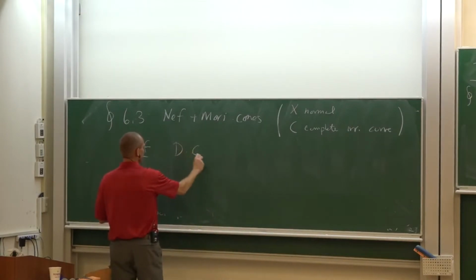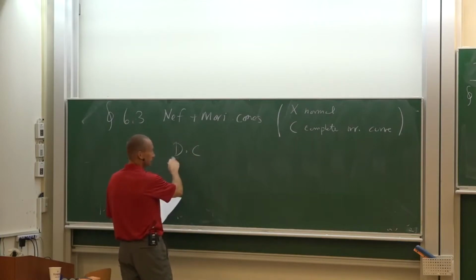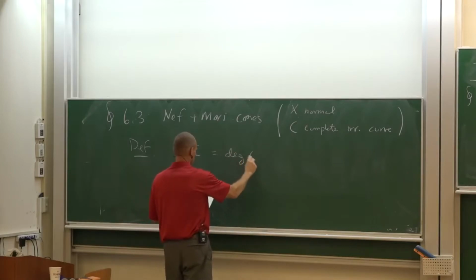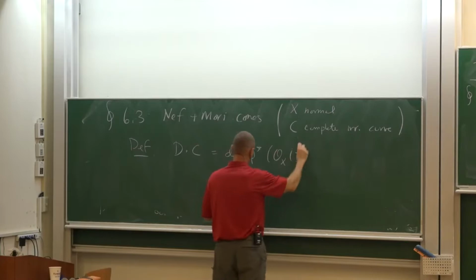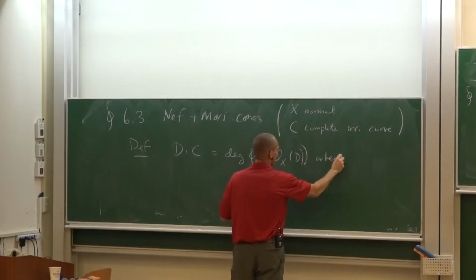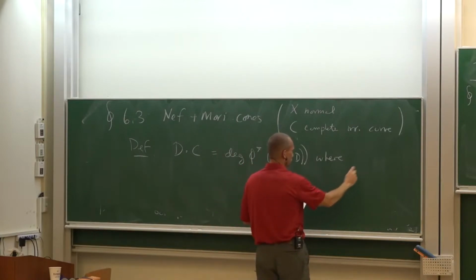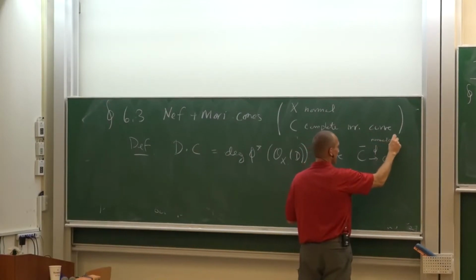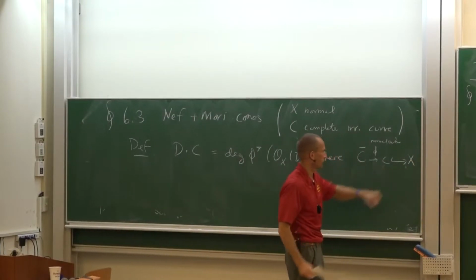So the first thing to do is to define this pairing, D.C. Again, right now this is not toric. It's the degree of phi star of O_X of D, where C was just a complete curve. It wasn't a smooth curve. So what we do is we take a normalization, phi the normalization map, and then this goes inside X. So C is a curve inside some variety.